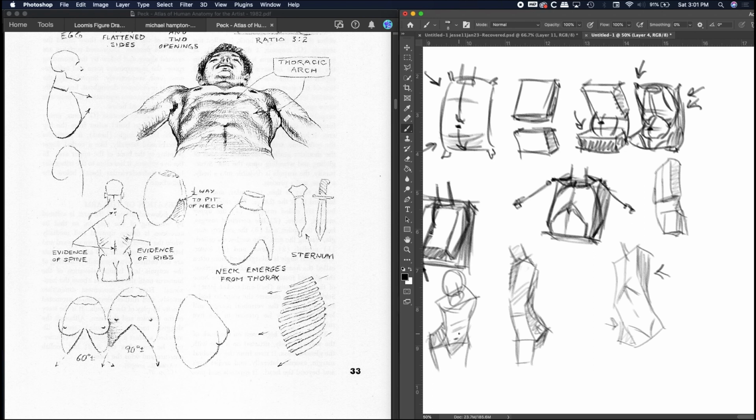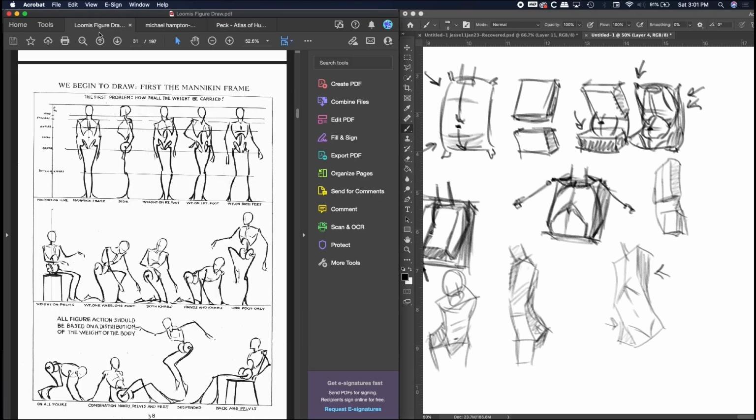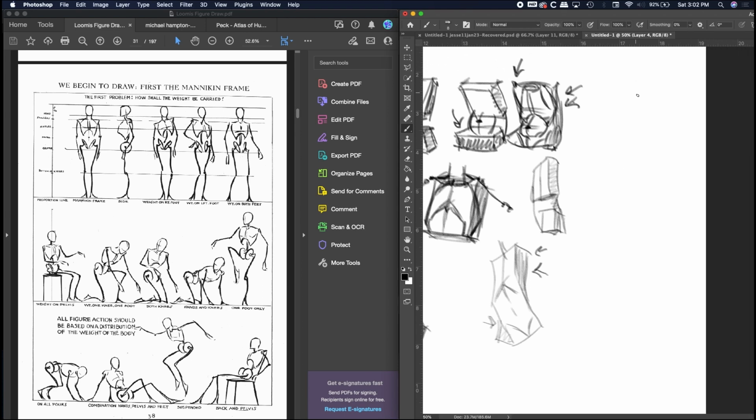Now, if we go over to here, let's just talk about a couple other shapes. So here you see, instead of a blocky shape like this, we see Andrew Loomis's what he's calling the mannequin frame. And you see that he's got a really round version of the rib cage. It's barely even egg shaped. It's more of a circle.